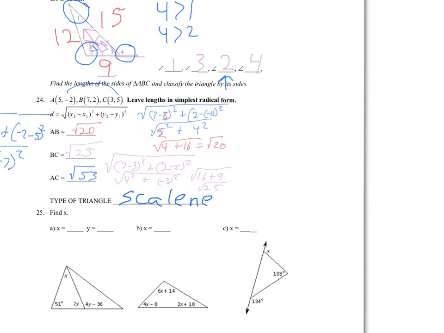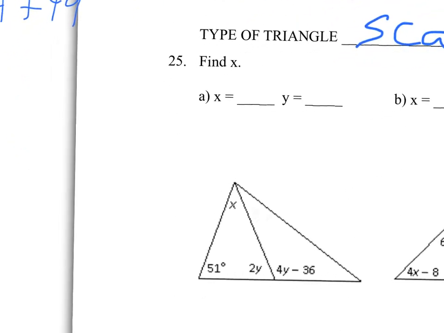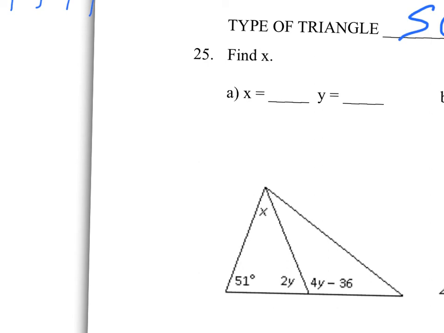Okay, number 25. Let's look at that one. So on this one, we're looking for x and y. The first one I'm going to look for is y, because I notice that these two angles formed by those two segments form a linear pair.